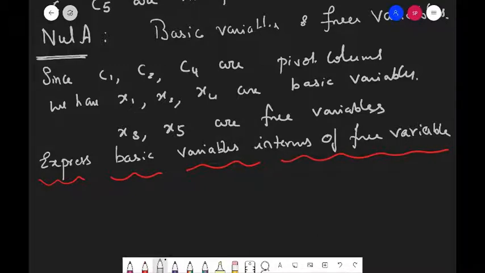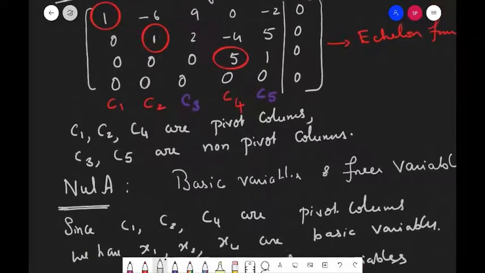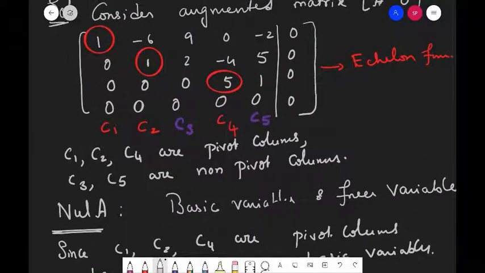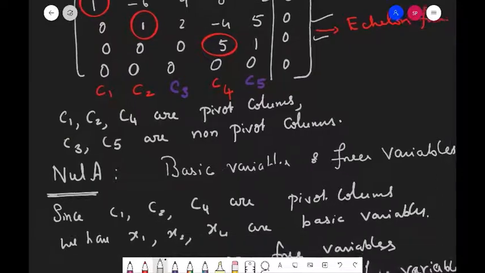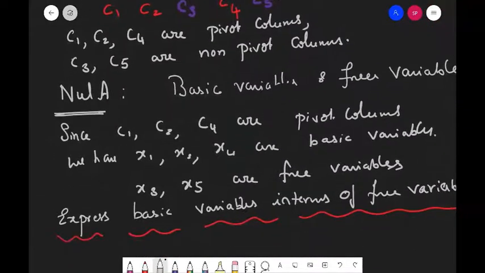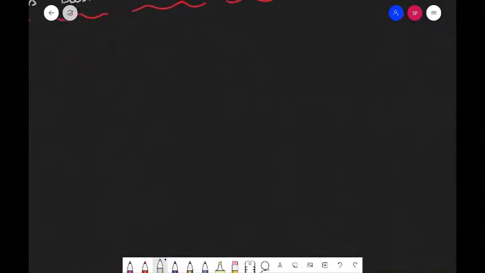But for that we need some equations. So from the echelon form, you have to write the equations. This is the echelon form. This will be equation 1 from here, equation 2 from here, equation 3 from here.